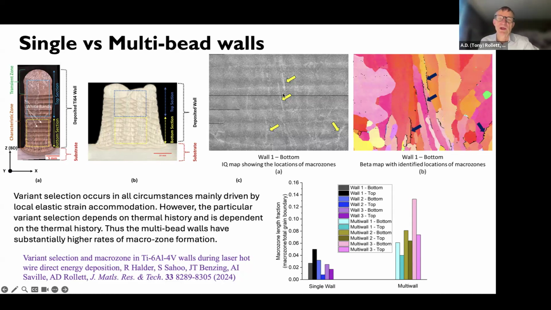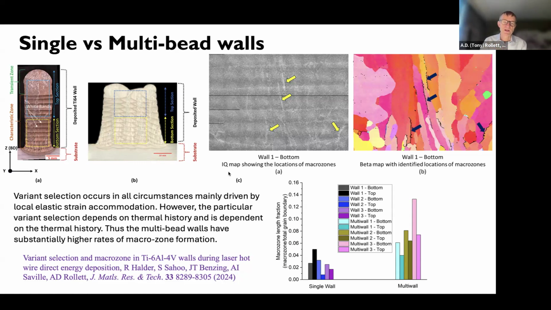Where you see a white streak on the left, you see a black line developed where we identified macrozones. Now, defining what a macrozone is would take more detail than I have time for, but it's where you have a significant amount of grain boundary alpha, and that alpha is well aligned across the grain boundary, which makes it a site where slip can easily start.